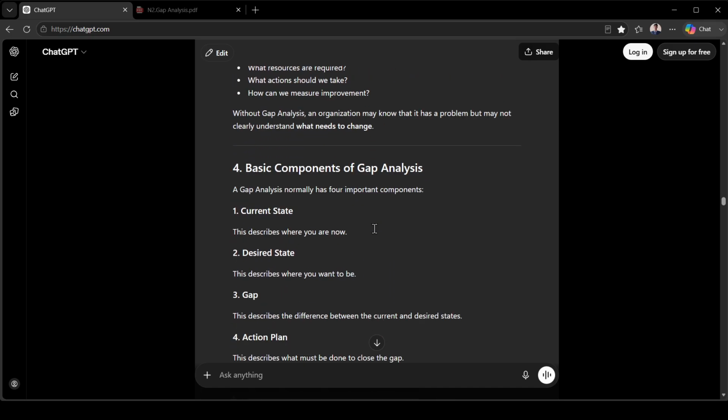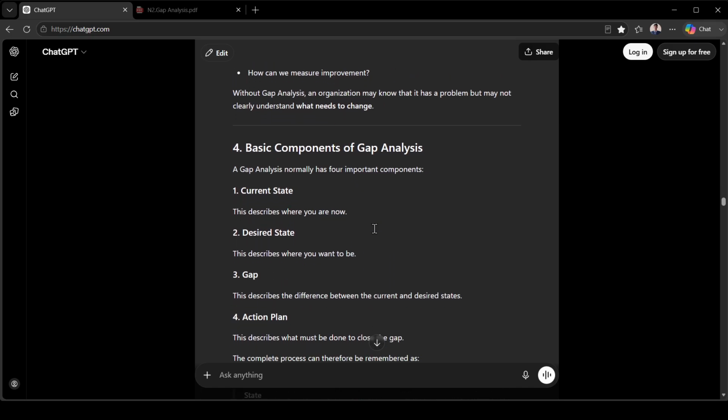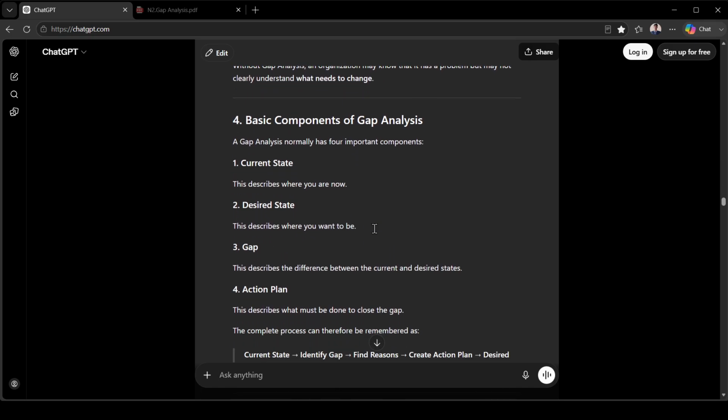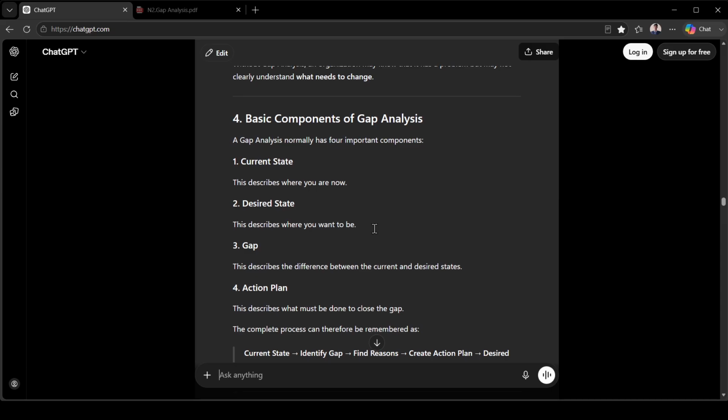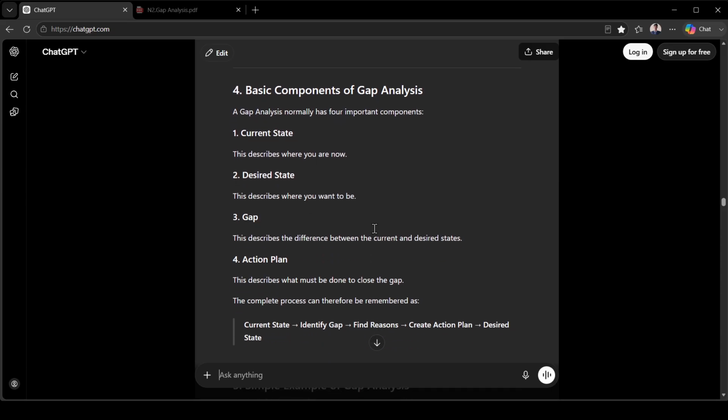The basic four components of gap analysis. A gap analysis normally has four important components. First one is the current state, which describes where you are now. Second, the desired state, which describes where you want to be. Third, the gap, which describes the difference between the current and desired state.